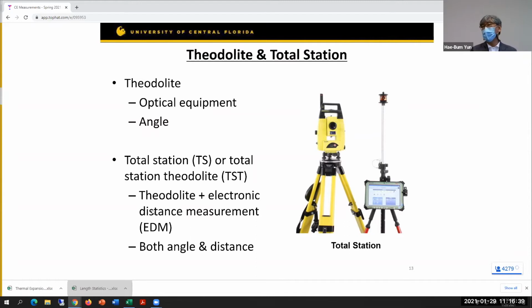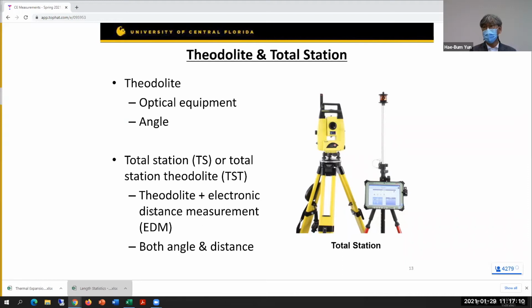I explained earlier, a theodolite is an optical equipment to measure angle, right? But the limitation of the theodolite is it only measures the angle. It cannot measure the distance. So to do both jobs, we use a total station.